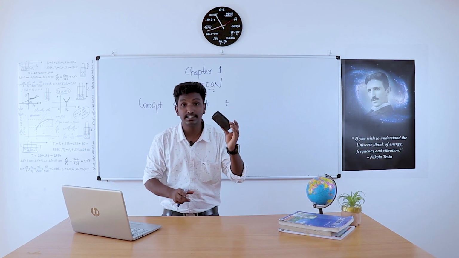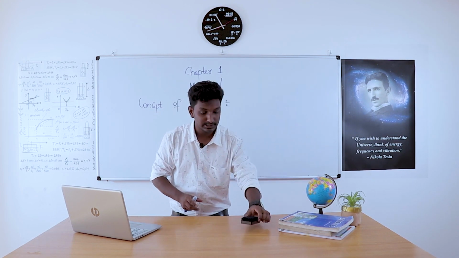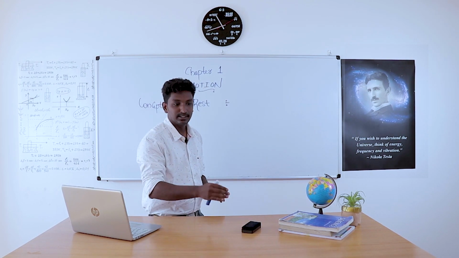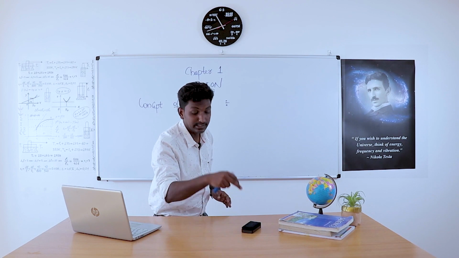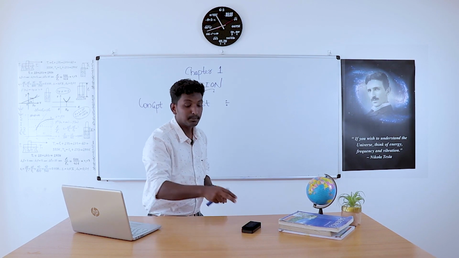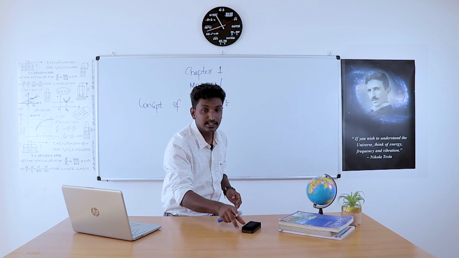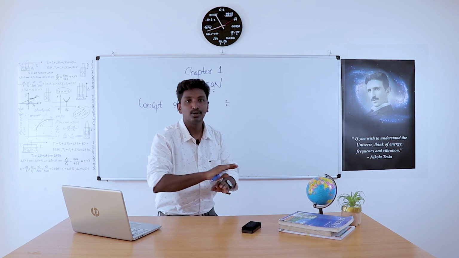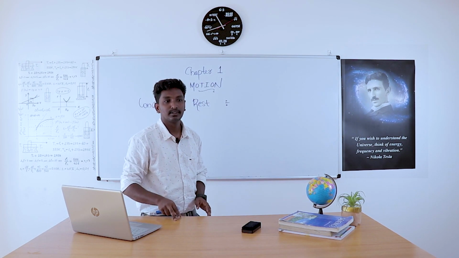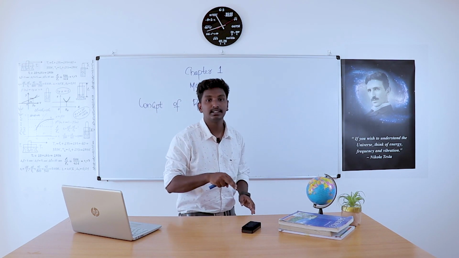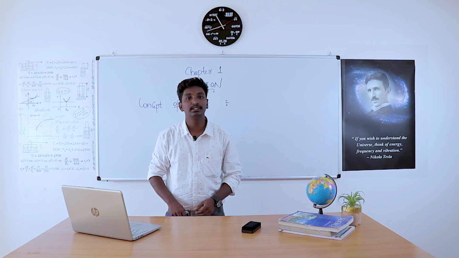If we are considering this as an object, I'm just placing it here. When I am looking at this object, it is at this point, in this position. But after some time, I look again, and the object remains in the same position, not changing at all. Again, after some time, I look at the same object and it does not change its position.